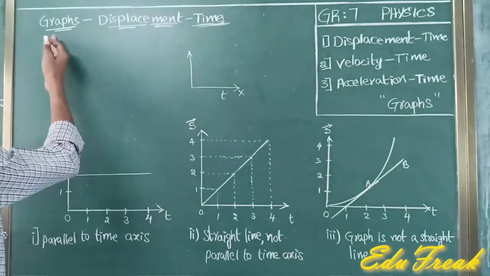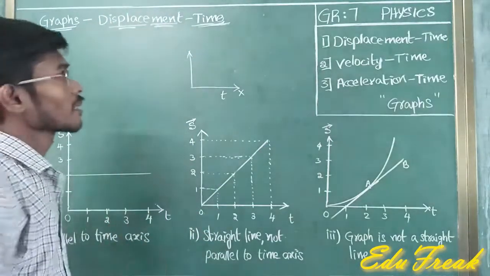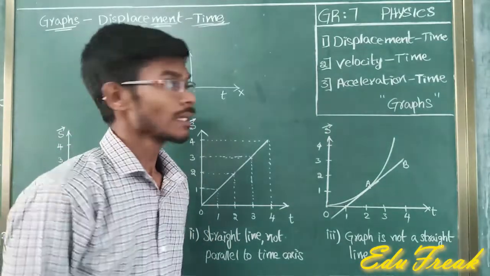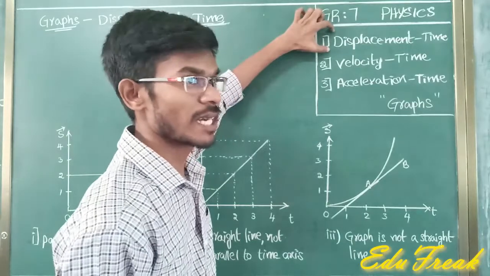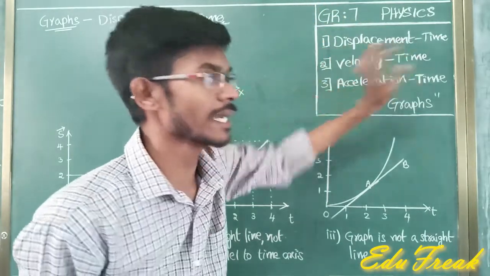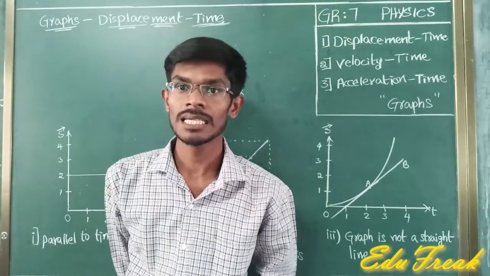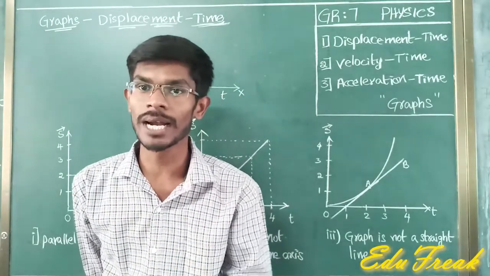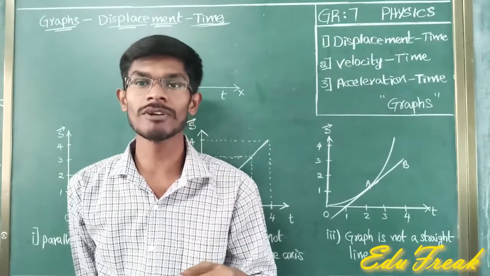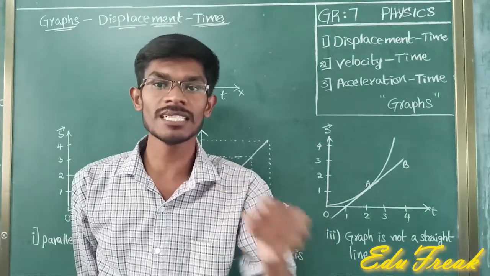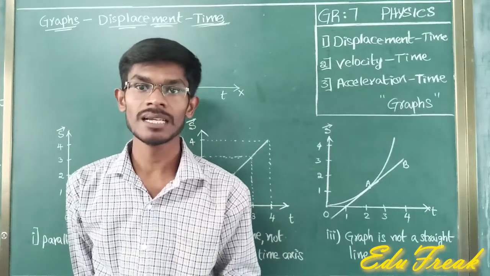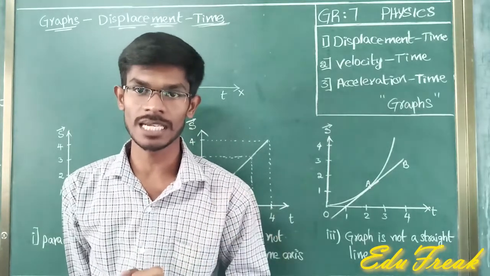So here we are discussing the first one, the displacement time graph. The different types of graphs are the displacement time graph, velocity time graph, and acceleration time graph. In physics, most quantities change with respect to time. That is why we speak of rate of change of velocity, rate of change of displacement, rate of change of acceleration.